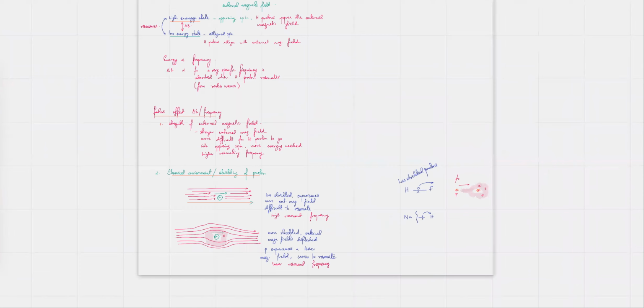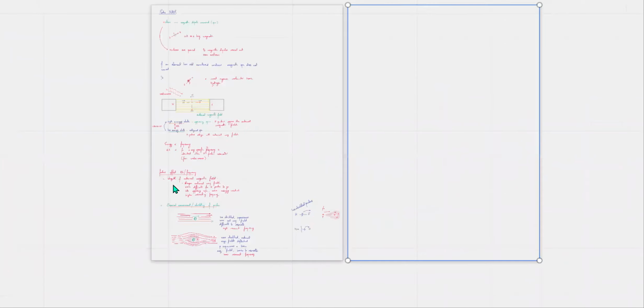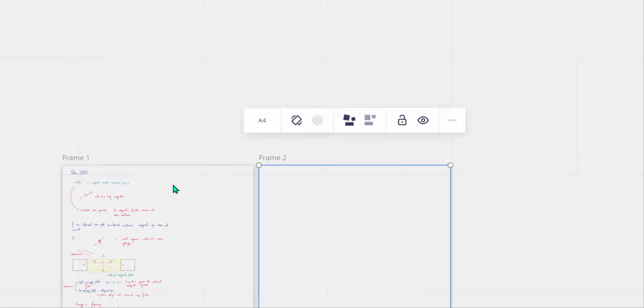Now the next thing is, what do we do with this? The first thing is we're going to practice chemical environments.